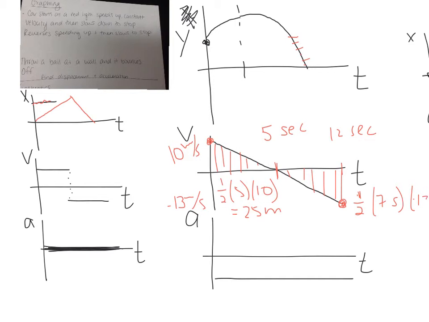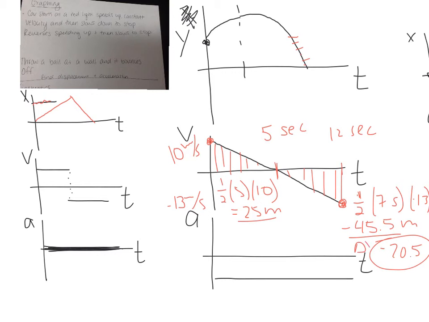So hopefully you got negative 45.5 meters. Add those two up, 25 plus negative 45.5 is negative 20.5 meters for the displacement.